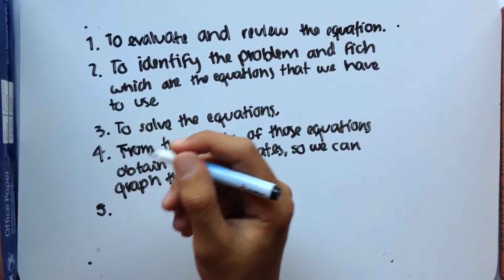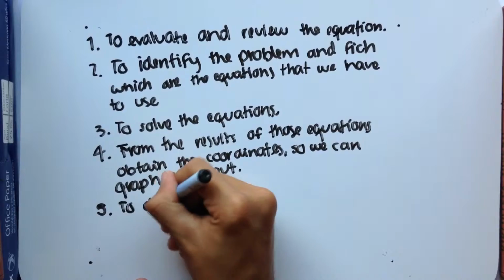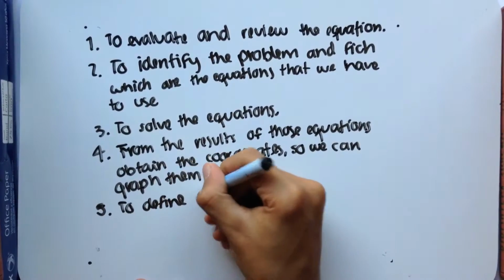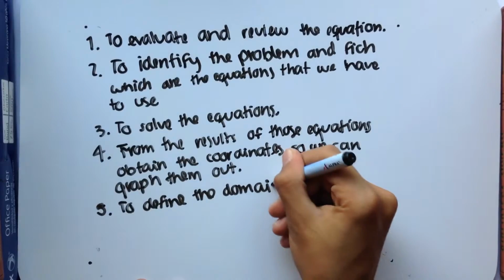And the last step is number 5, is to define the domain and the range.